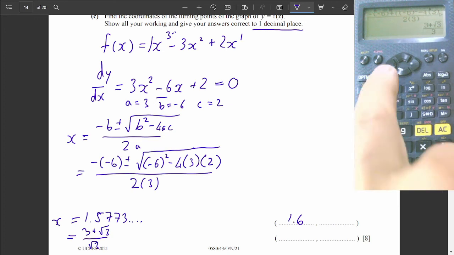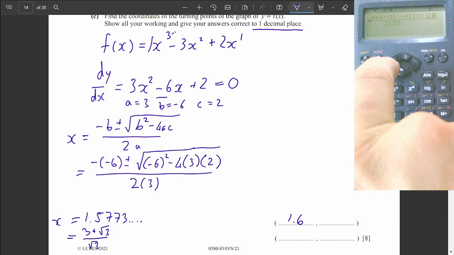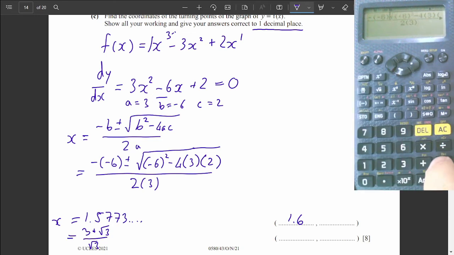Now, to find the negative value, we can just go back and change that plus to a minus. And we have the other value. X equals 0.422. 1 decimal place, 0.4.